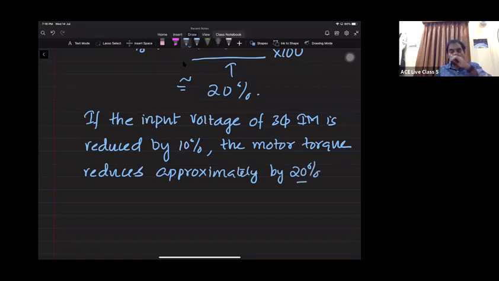Don't say 19, say approximately 20%. I hope this point is clear. Confirm me, all of you.